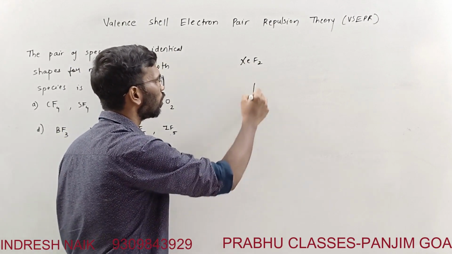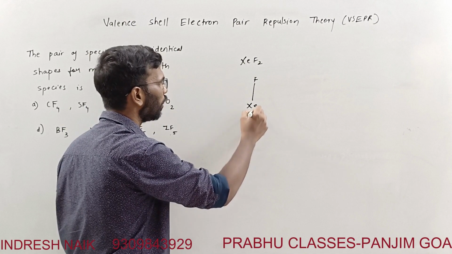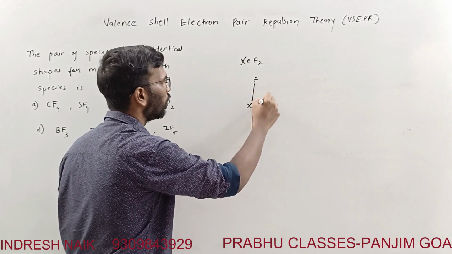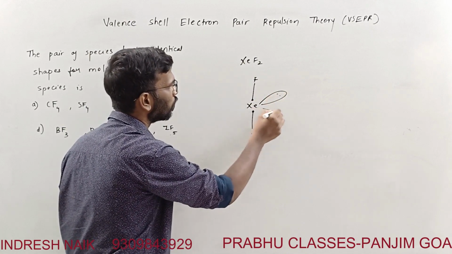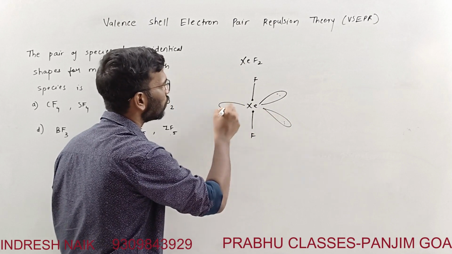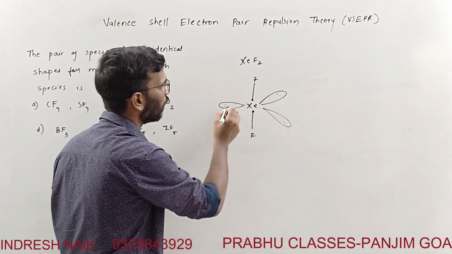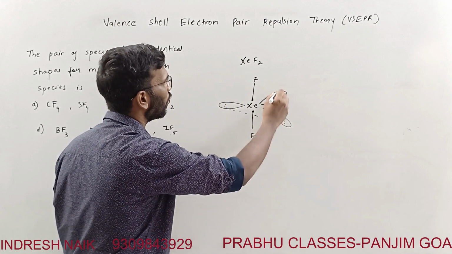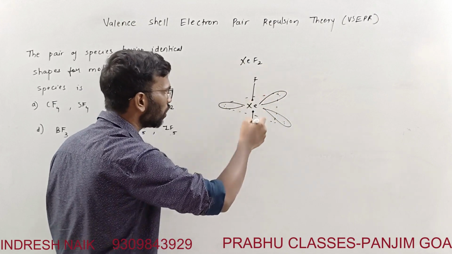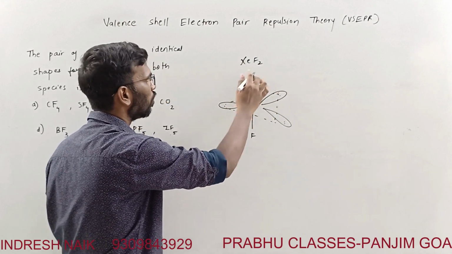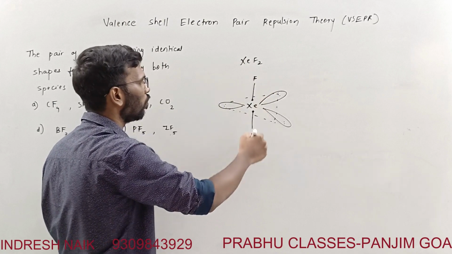So this is fluorine, 2 electrons of the xenon, these 2, and this is 2. Right here they are in one plane. These lone pairs are in one plane. So the structure of fluorine, xenon, fluorine is linear.